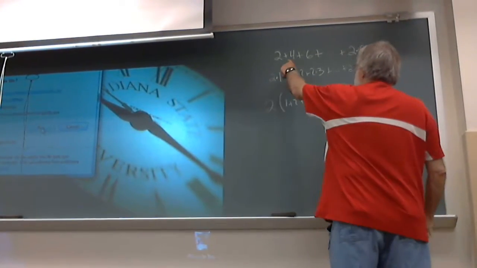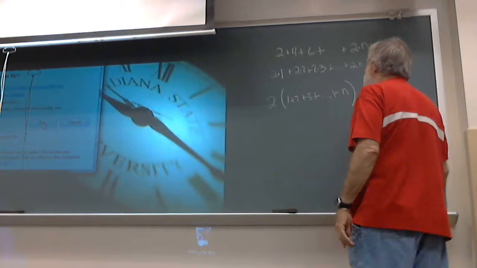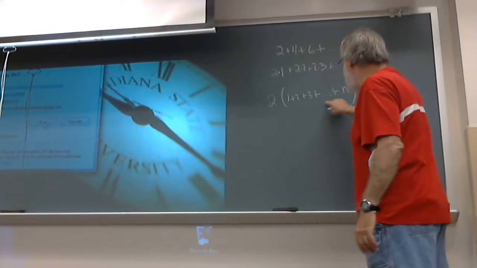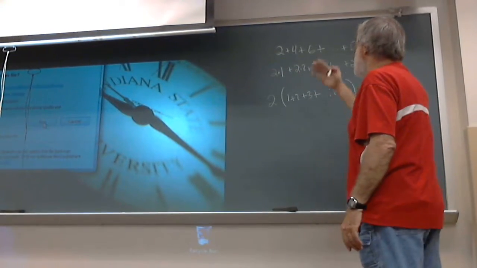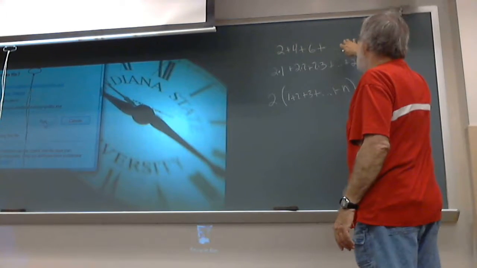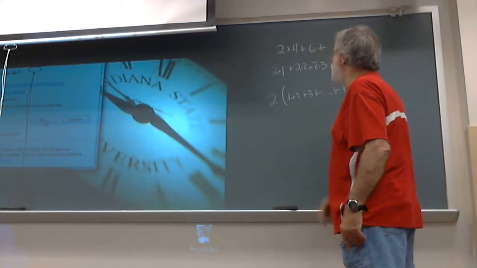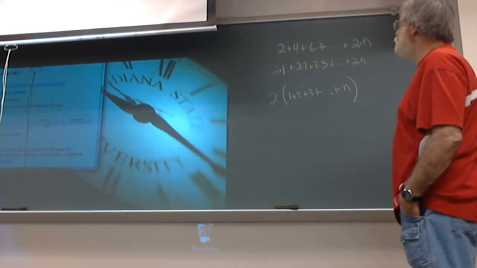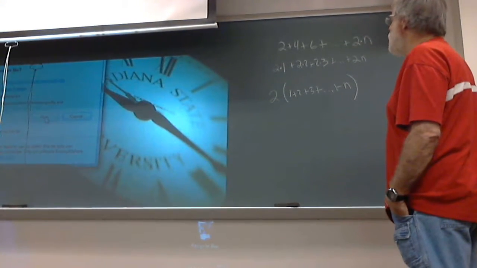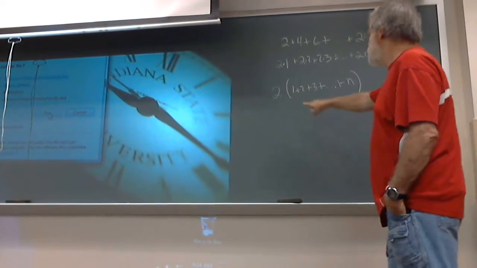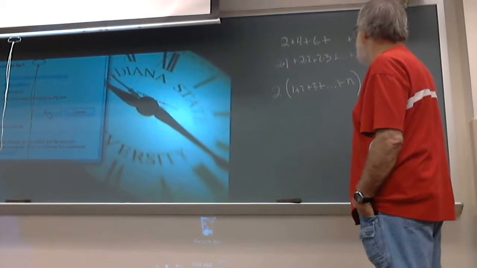And we already have a formula for this. So that's the other thing, is that here we're going up by 2's, and we're starting off with 2 itself, which is 2 times 1.